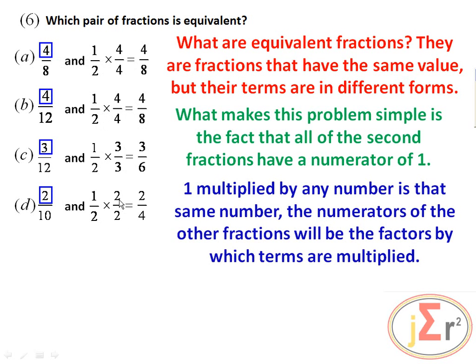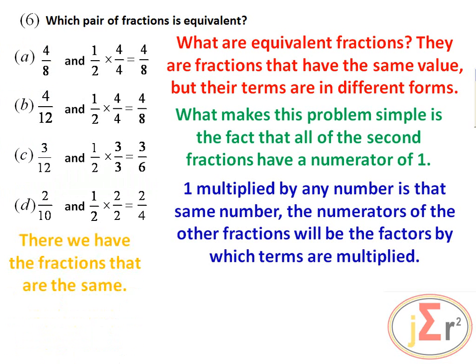Right, and then so on and so forth. In the end, which two fractions are equal? The ones in option A. Right. So we are sure that option A represents equivalent fractions. There we have the fractions that are the same, those two.